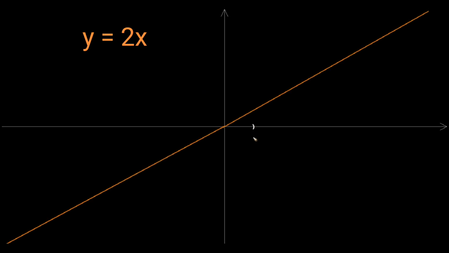Okay, look here, this is your x-axis and this is your y-axis. This is 1, and the mapping gives 2, so this is 2 on your axis. Similarly, this is 2, then this will be 4.